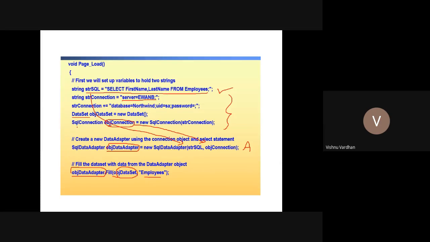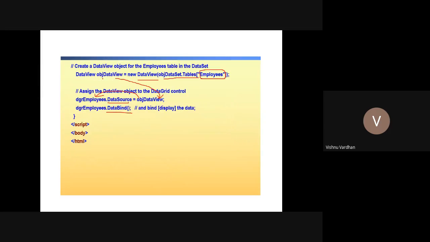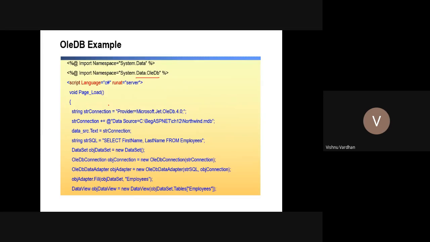In the case of the SQL client, you can see SqlConnection, SqlDataAdapter, and the classes start with Sql. Whereas in the case of the OLEDB, the class names are very much the same, but they start with OleDbConnection, OleDbDataAdapter, and that is the only difference actually. Otherwise, the way of coding is very much similar across all the databases.